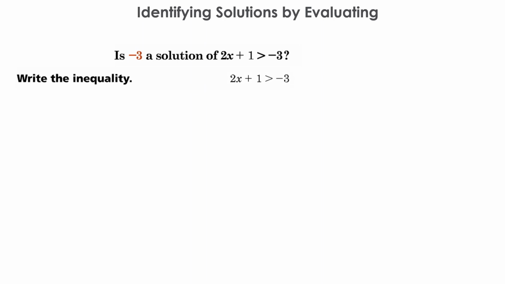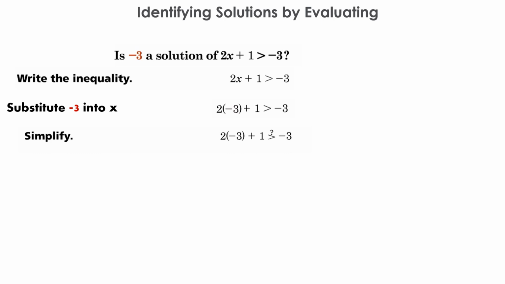Because right now we're going to evaluate and identify solutions. So we're going to be asked, is -3 a solution of 2x plus 1 greater than -3? All you've got to do is plug in the -3 where the x is. And then ask yourself, does 2 times -3 plus 1 come out greater than -3?